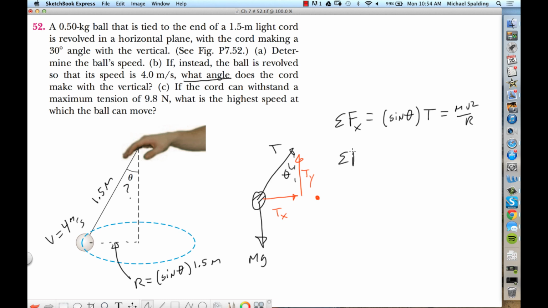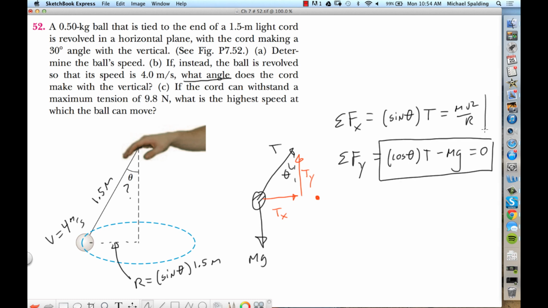And summing the forces in the y, you're going to have cosine theta T minus mg equals 0. You have to plug in for r. So what's this r going to be? Yeah, r is sine theta times 1.5.